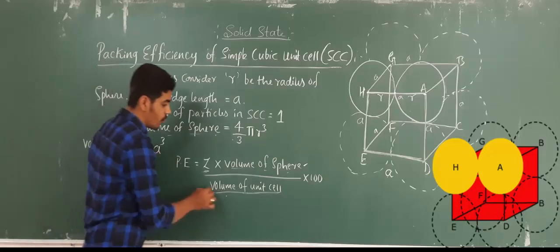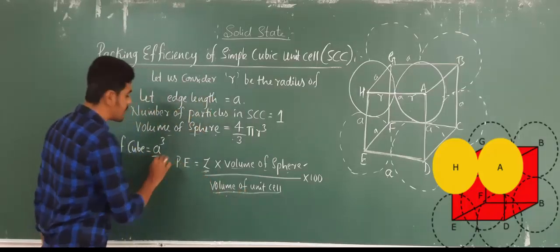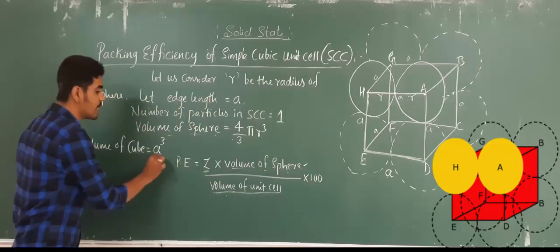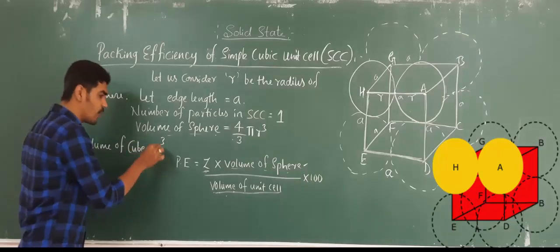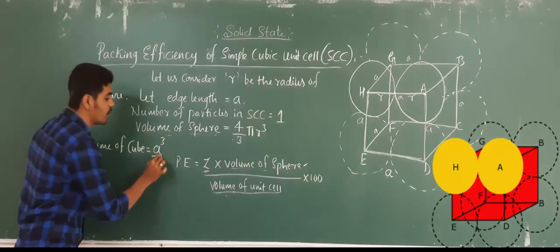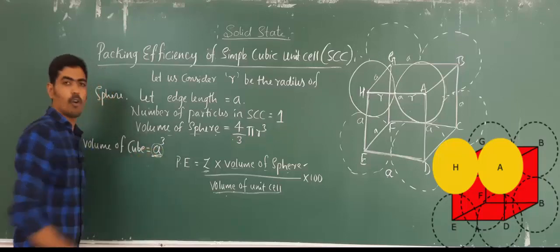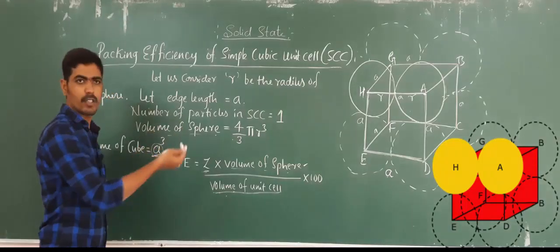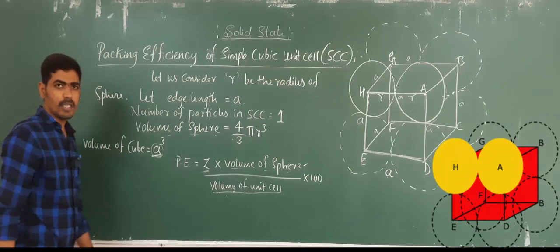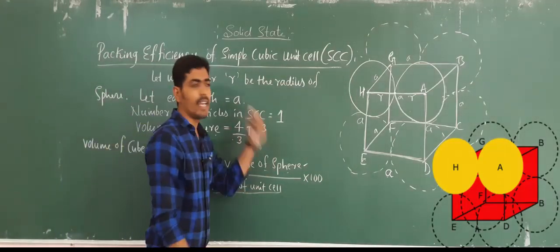Now you should know the value of this A cube. In order to find the A cube value, first you need to find the value of A. Then if you take the cube, you will get the volume of the cube. So what is A now?